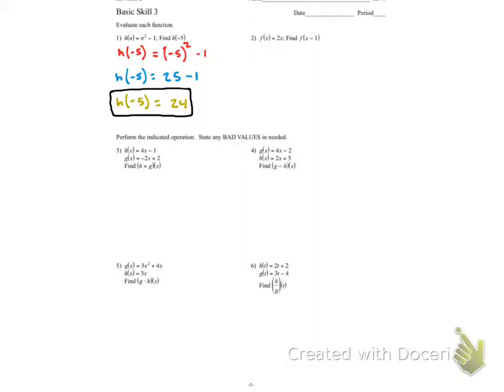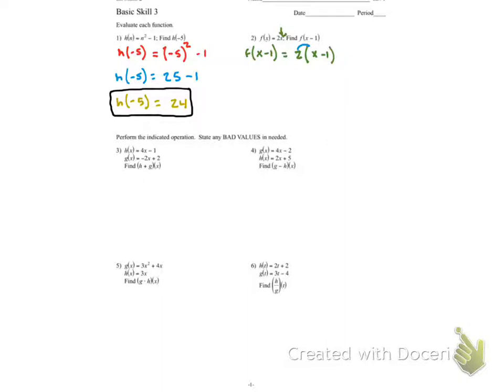Now let's look at number 2. Number 2 doesn't have just a single number that we're plugging in. So we have f of x minus 1. Notice again the x and the x minus 1 match up, so we'll be plugging in x minus 1 for x. It equals, and again we're going to replace this x with x minus 1, and we're going to simplify.